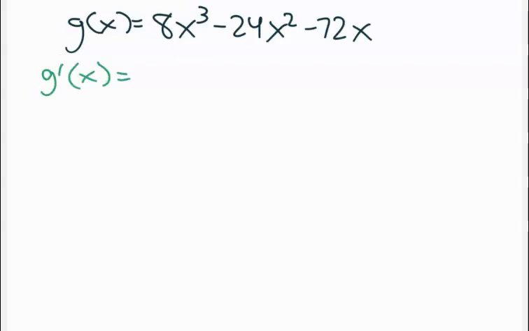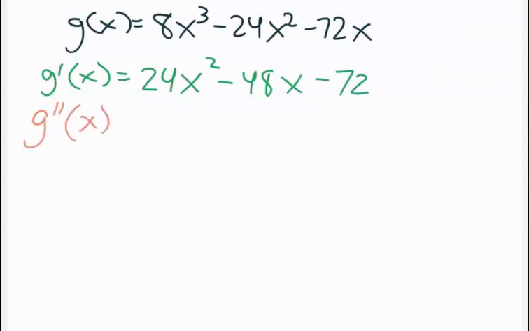At least this is a polynomial, so it's got separate terms. We don't need to do product rule or quotient rule. So it's a little bit easier of a derivative to take. So 24x squared minus 48x minus 72. And then they ask us about the second derivative. I'll just keep these color coded so that later if we have to do something with them, we can keep them straight.